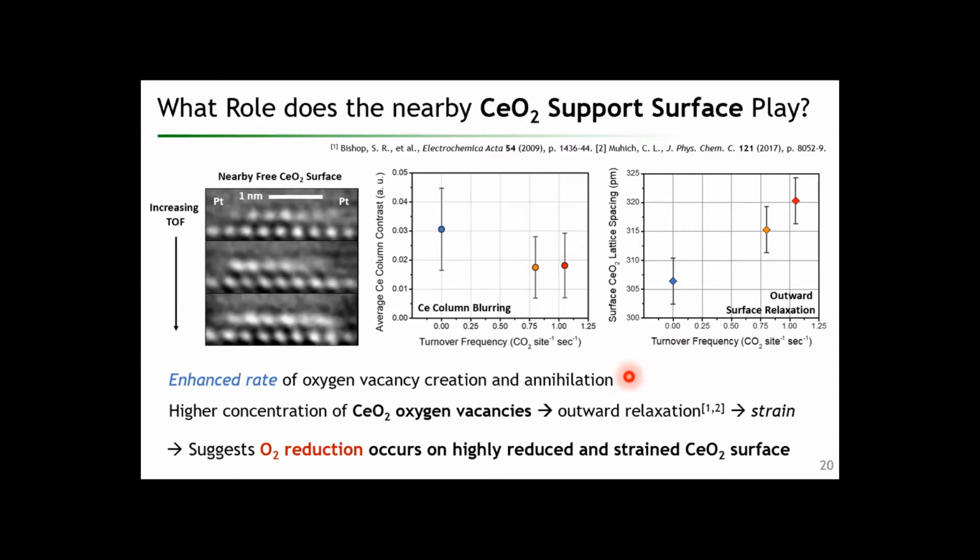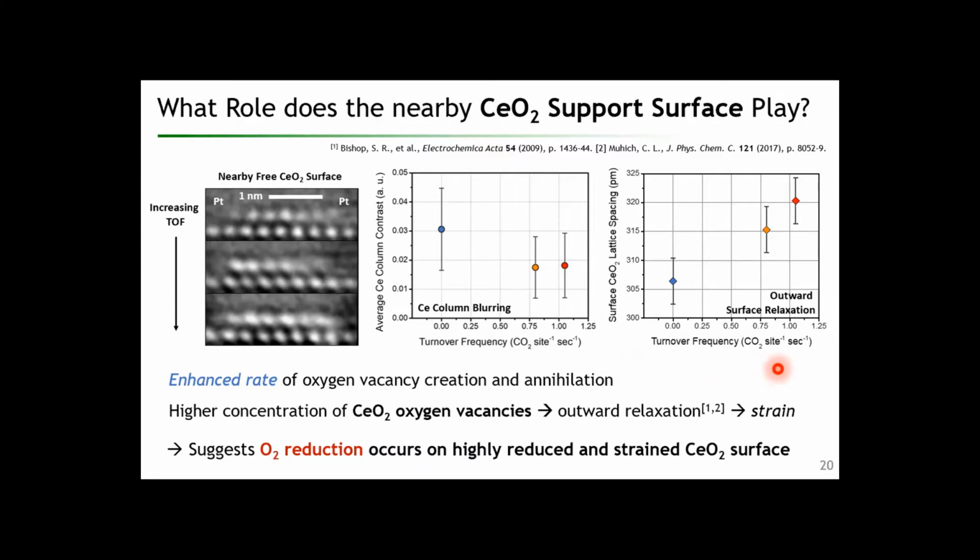So we think that this enhanced degree of blurring is due to an enhanced rate of oxygen vacancy creation and annihilation. Similarly, with the outward relaxation, there's a clear correlation with the turnover frequency. And this outward relaxation is due to a larger concentration of oxygen vacancies. So not only are they cycling faster, but the concentration of vacancies is also growing larger, leading to this sort of swelling of the surface locally.